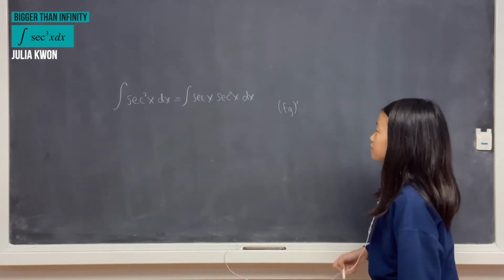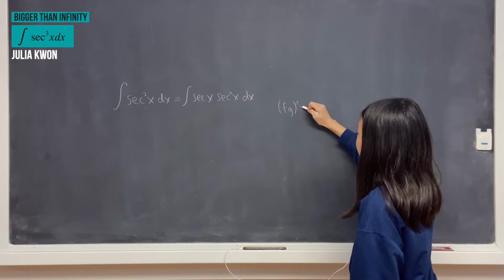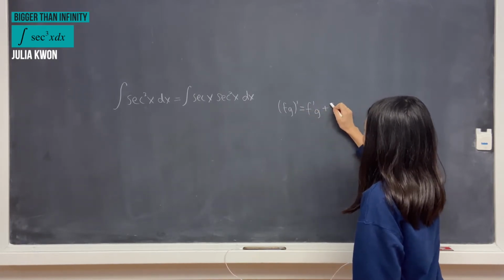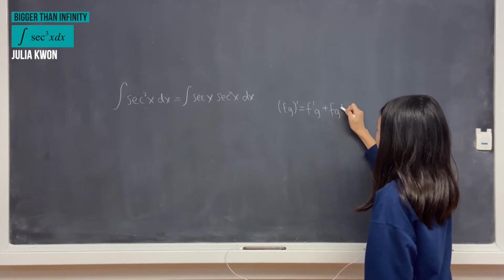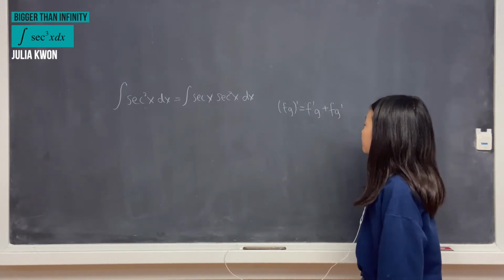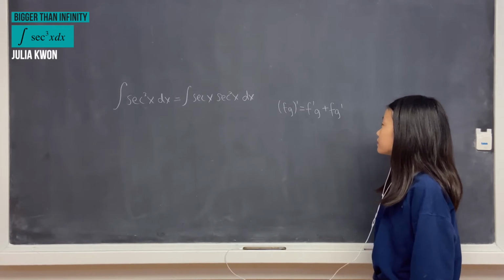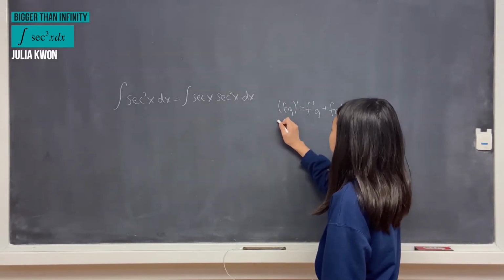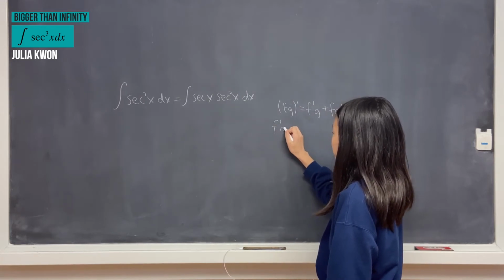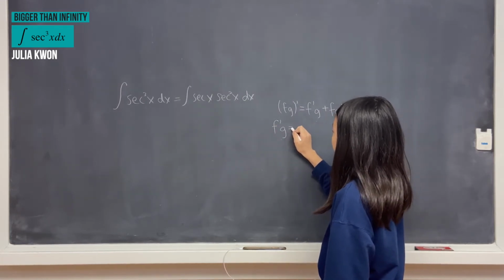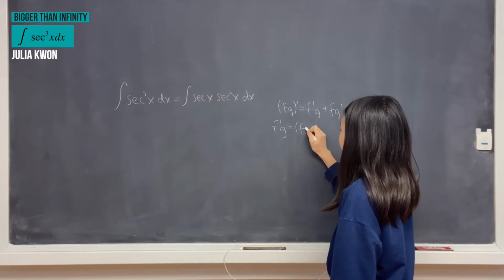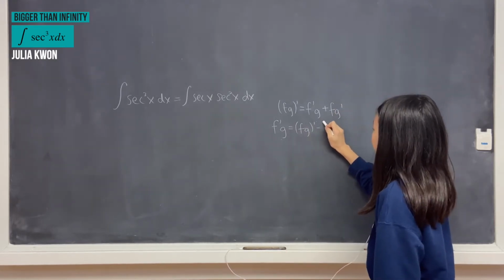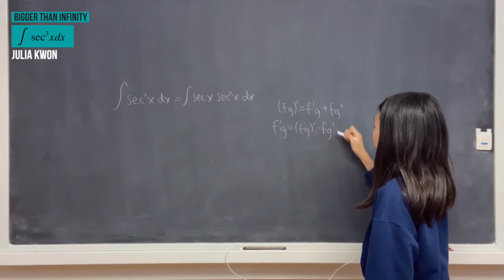So we know that the derivative of fg using the product rule is f prime g plus fg prime. So now if we subtract fg prime on both sides, then we would get f prime g equal to the derivative of fg minus fg prime.